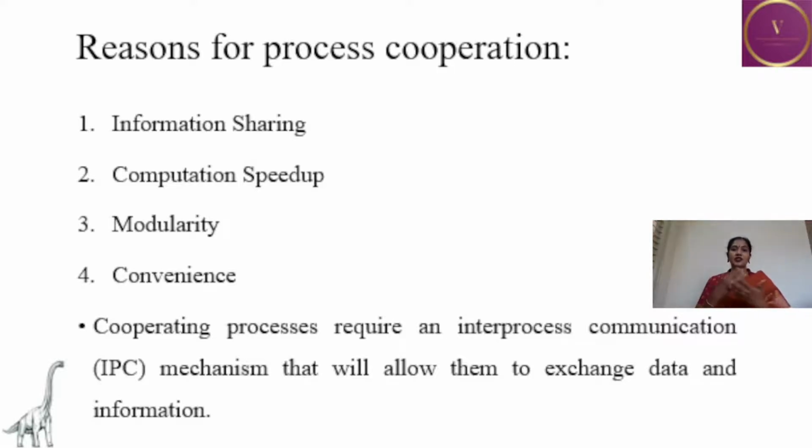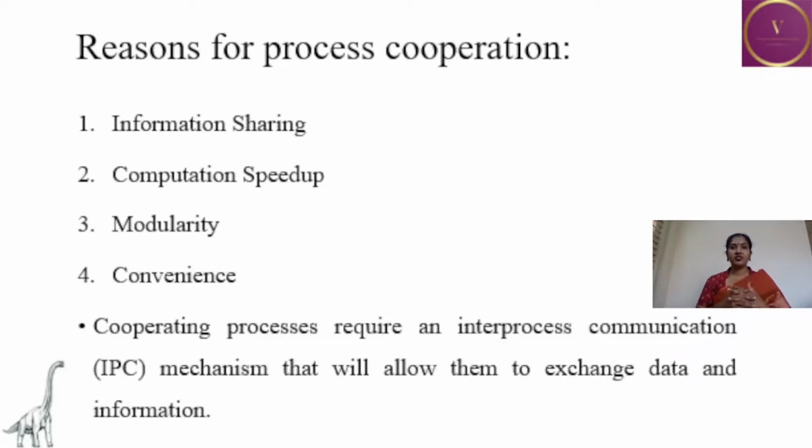The next reason is convenience. When we provide an environment where processes can cooperate with each other, it becomes more convenient for the user. For example, a user might be listening to music, printing a document, and typing some information at the same time, and all these processes are running concurrently, and they have to run smoothly in order to avoid system clashing.